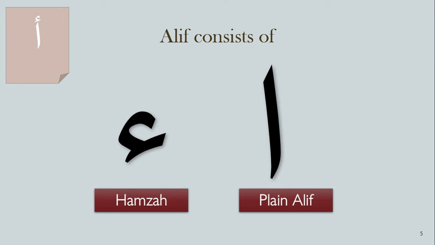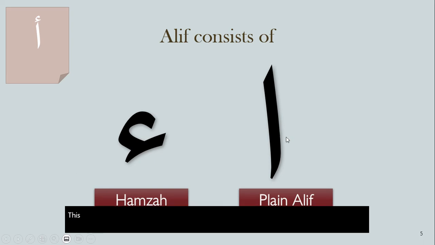So this is the real part of حرف الألف. Okay, حرف, by the way, in Arabic means letter. And this part here is called plain Alif, and it's pronounced like a soft a. Just a, soft and short.